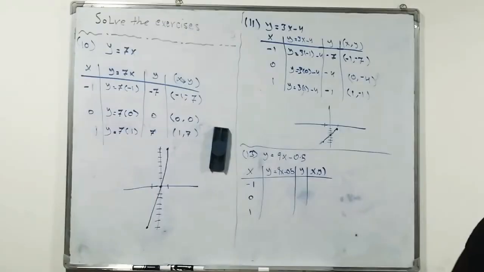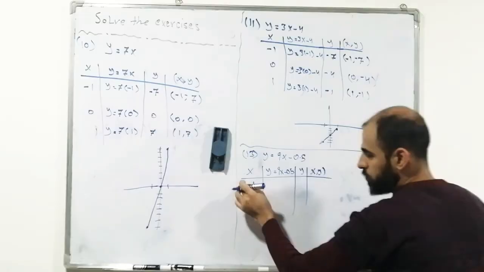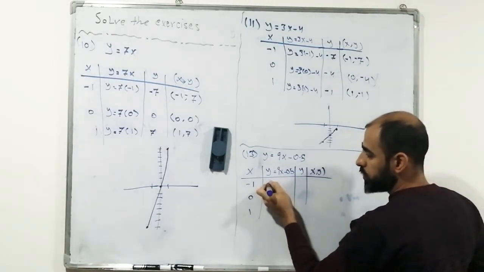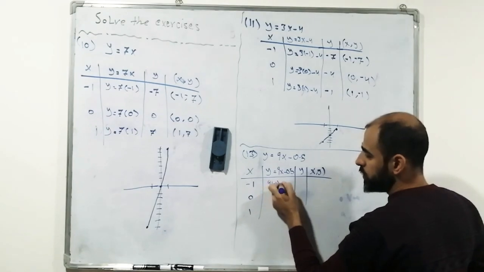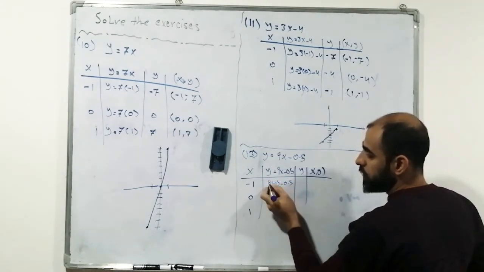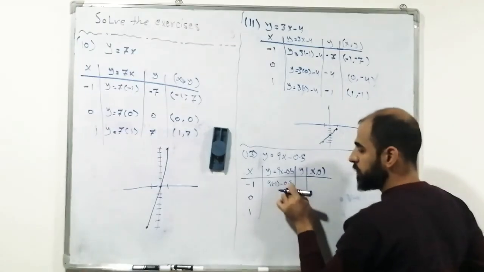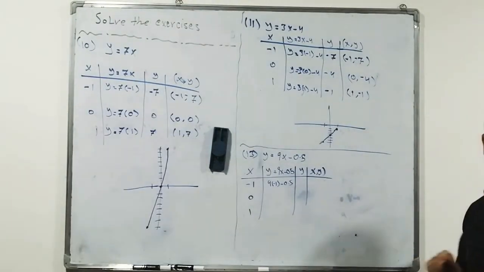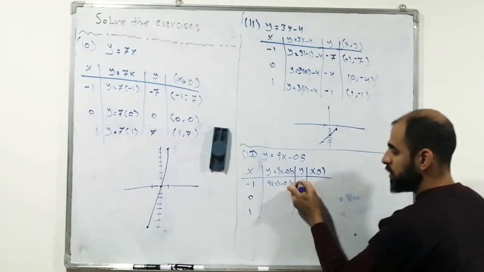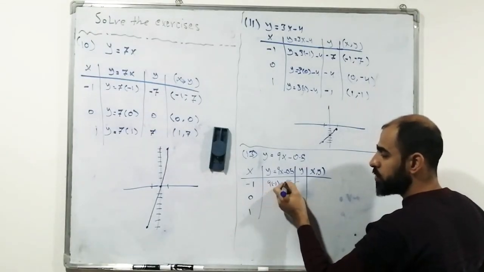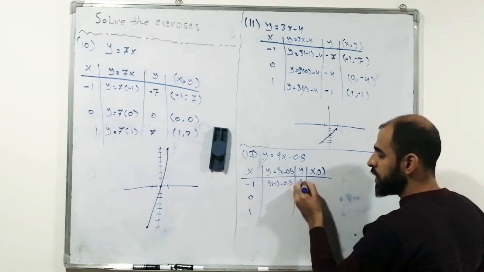We can choose any 3 different values, but we will choose a negative value, 0, and a positive value. So 9 by -1 minus 0.5. 9 by -1 is -9, and minus 0.5. We have two numbers with the same sign, so we put the negative sign and we make addition. 9 with 0.5 will be 9.5.